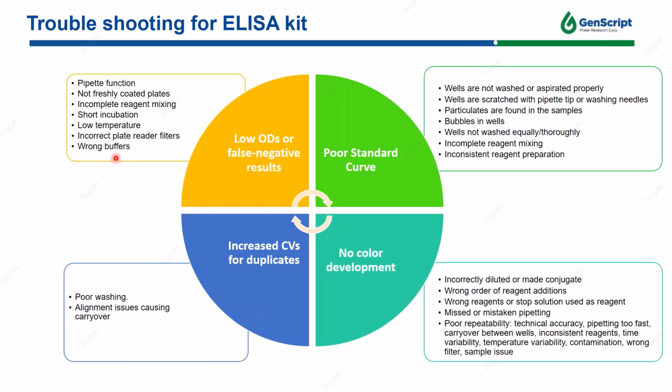Sometimes maybe we use the wrong buffers. And sometimes we have a poor standard curve. So we should pay more attention to whether the wells are not washed or aspirated properly, or if there are bubbles in the wells, or incomplete reagent mixing, and inconsistent reagent preparation.